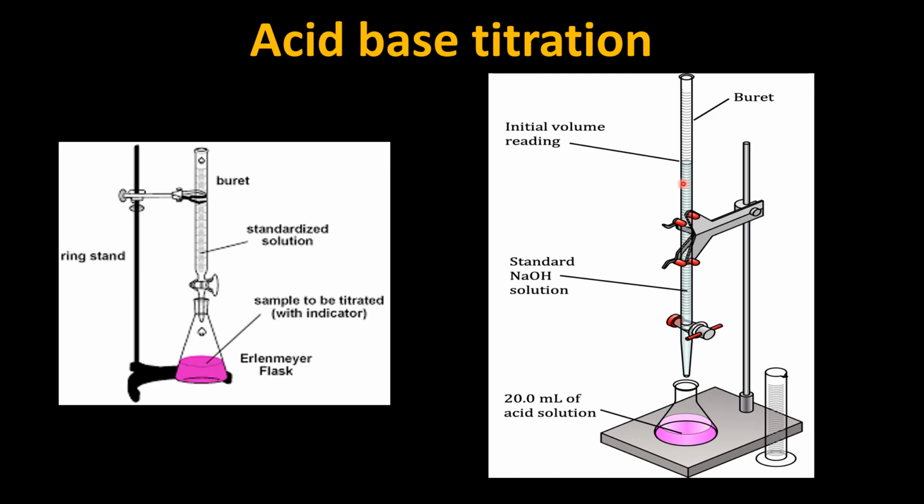That will be known as the final reading. One is the initial reading, which is the reading at which I have just started the practical. And the final reading is the reading at which the solution in the flask gets the end point, or gets light pink color. Then I have to find the difference and use the calculations to find out the molarity of sodium hydroxide solution.